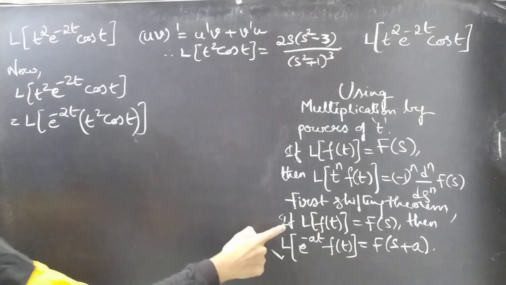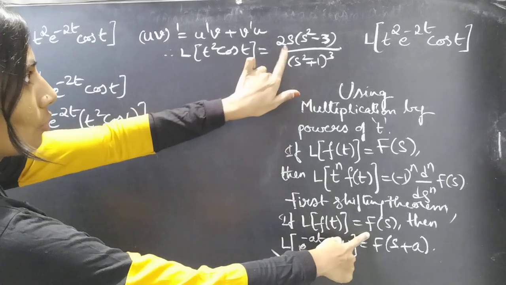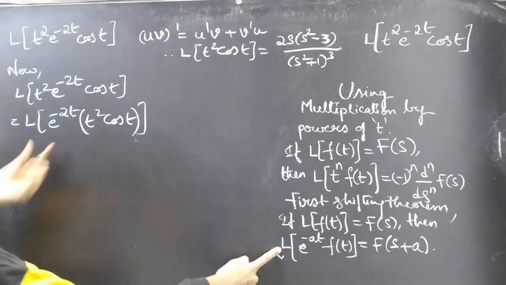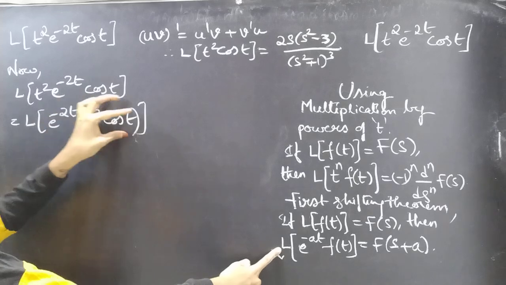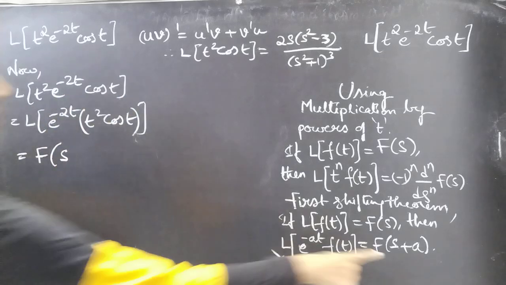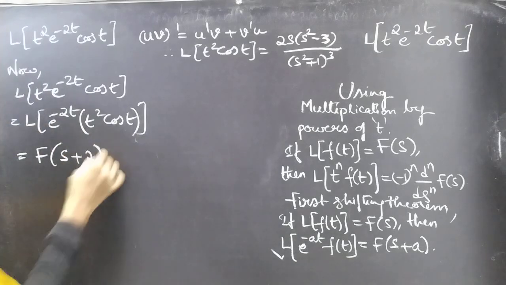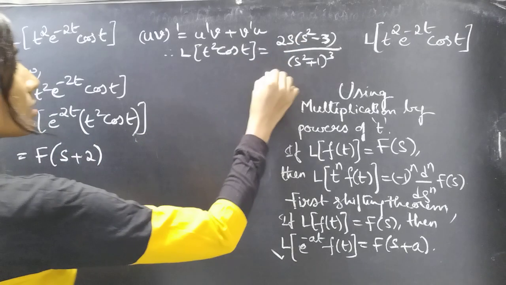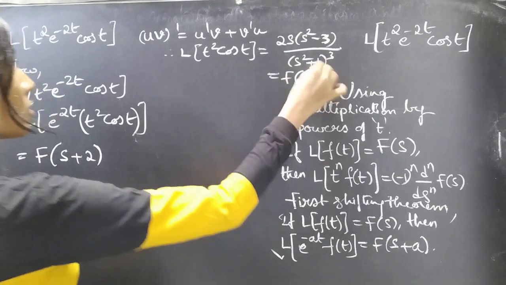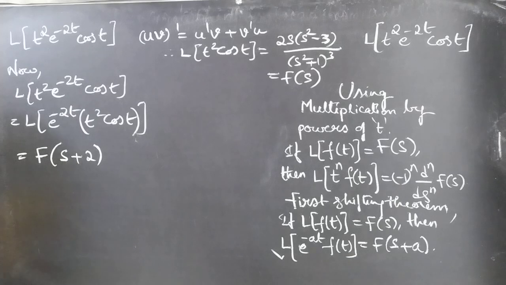The first shifting theorem says that if L of f of t equal to F of s, then L of e power minus at into f of t equal to F of s plus a. For a equal to 2, you'll get s plus 2 here, right? Now, consider this as F of s because our f of t is t square cos t, right?